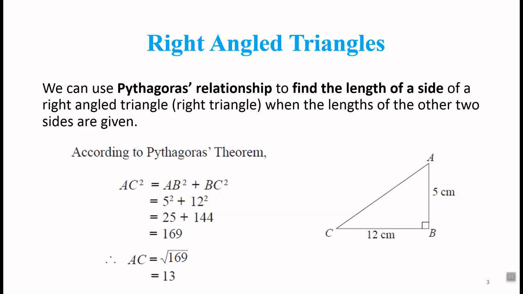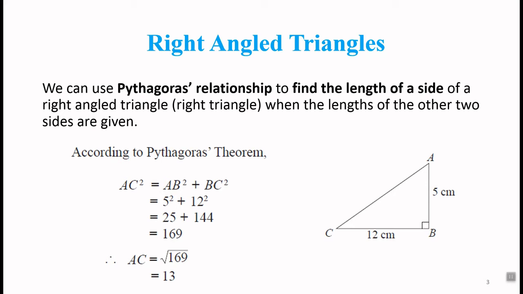Right angle triangles. We can use the Pythagoras relationship to find the length of a side of a right angle triangle when the lengths of the other two sides are given. So ABC is a right angle triangle, with B equal to 90 degrees.